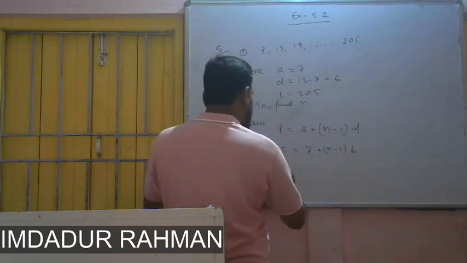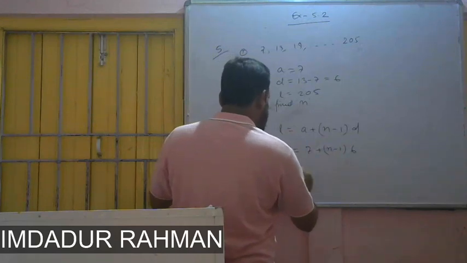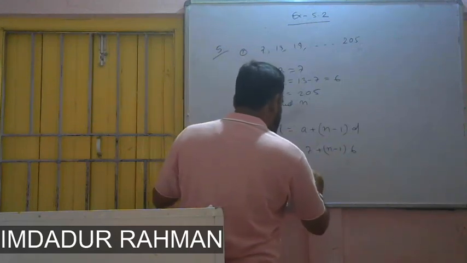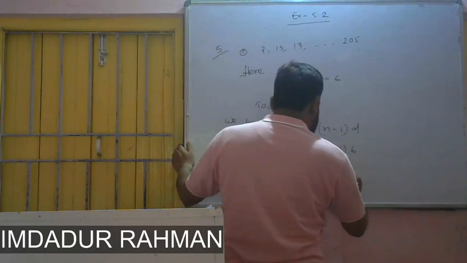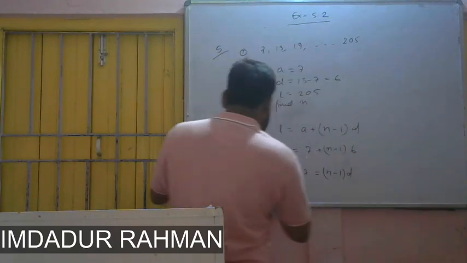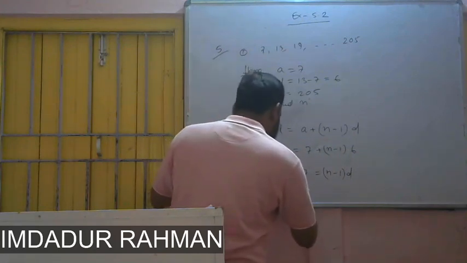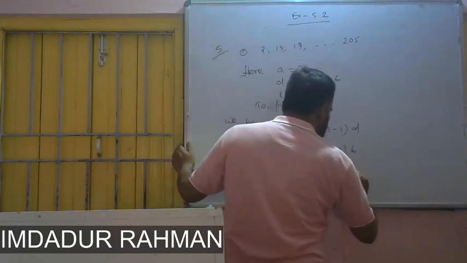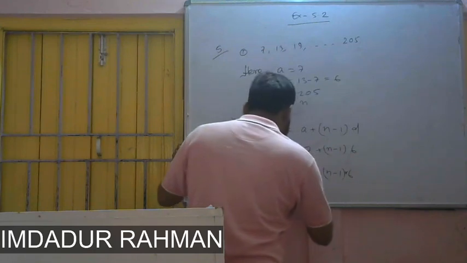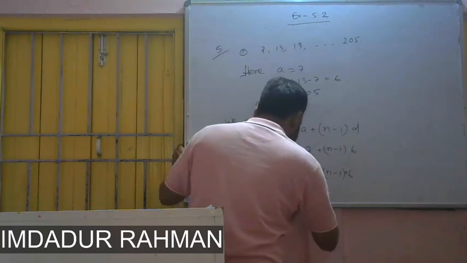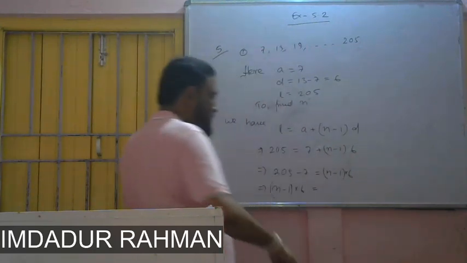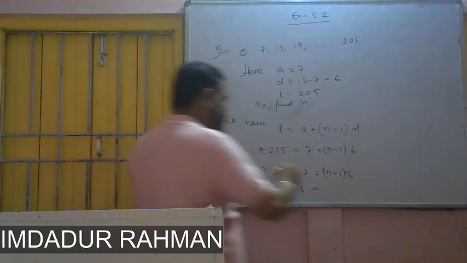So 205 minus 7 is equal to (N minus 1) into 6. How much? 198.